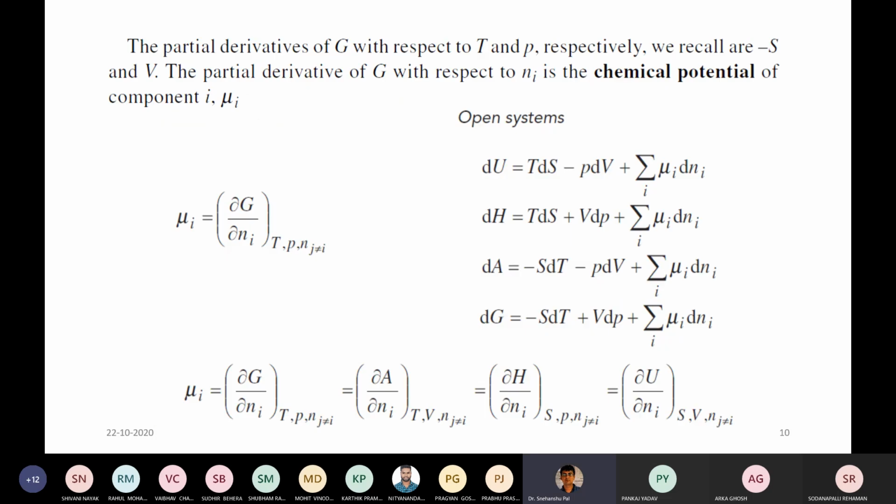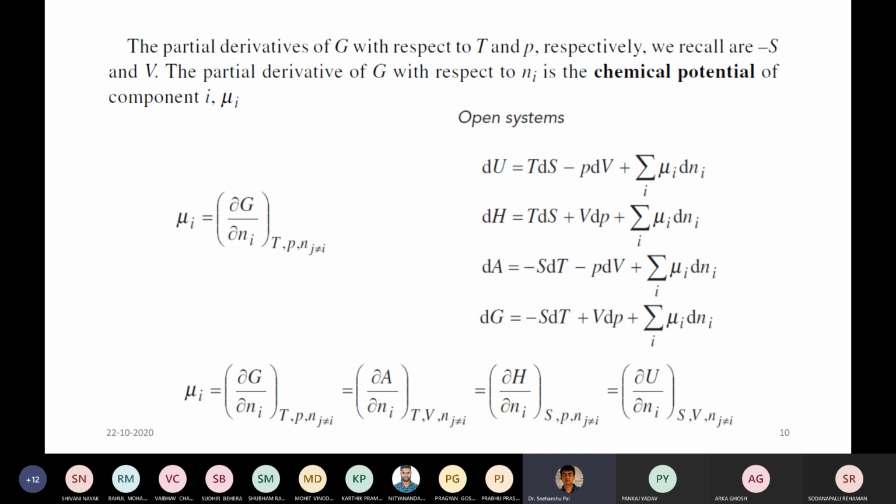You can see here the partial derivatives of G with respect to temperature and pressure respectively. We can say that the partial derivative of G with respect to Ni is the chemical potential of the component i, that is mu i. I always told you that you cannot assign chemical potential to a phase, only to a component present in a particular system.